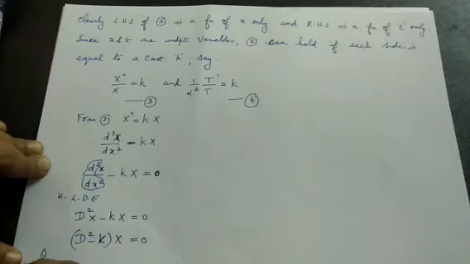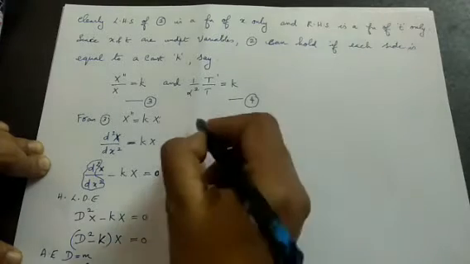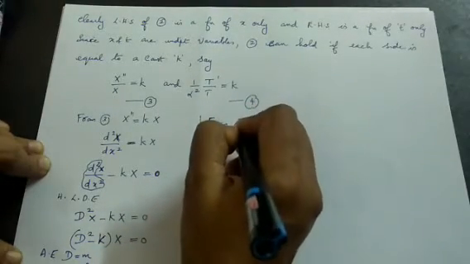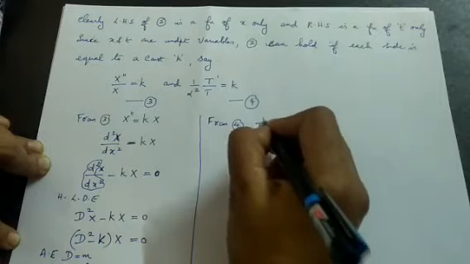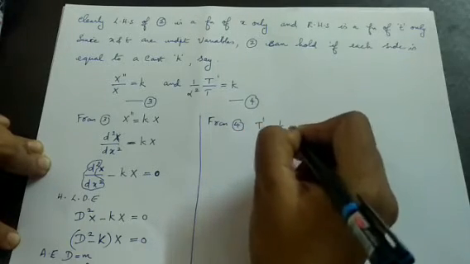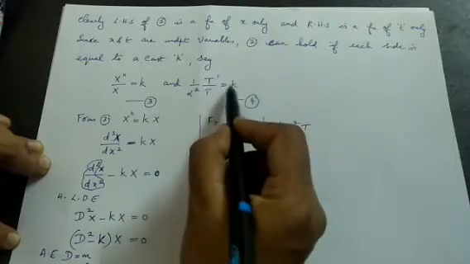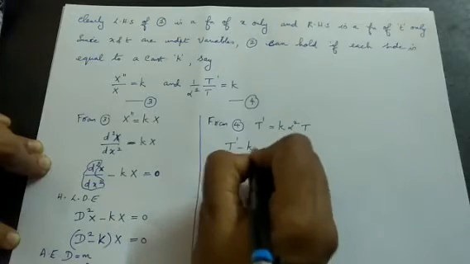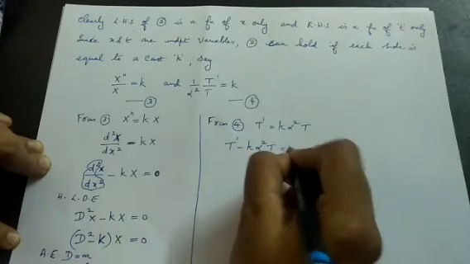Now, to find the solution, we will form the auxiliary equation. For that, we will put D equal to m, so that this equation becomes m² minus k equal to 0. Take this as equation number 5. Now, from equation number 4, we have T' is equal to k into alpha square into T. By cross multiplying, T' minus k alpha square T equal to 0.